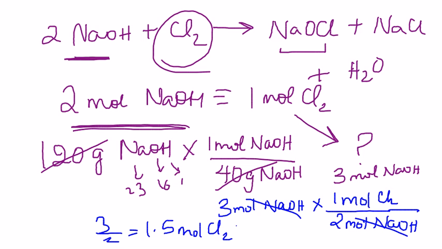And since it's Cl2, 2 times 35.5 will be the mass of chlorine. So that happens to be 71.